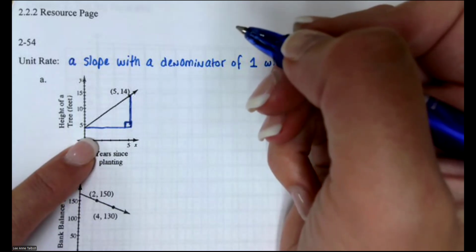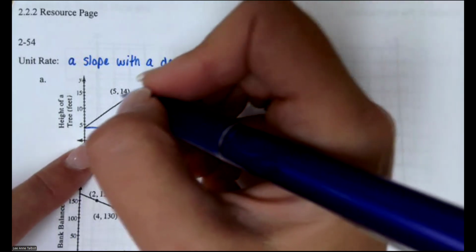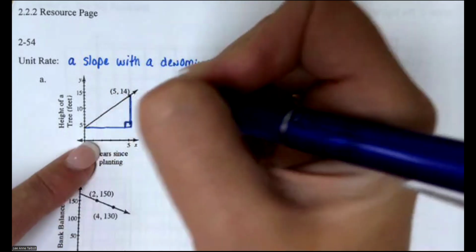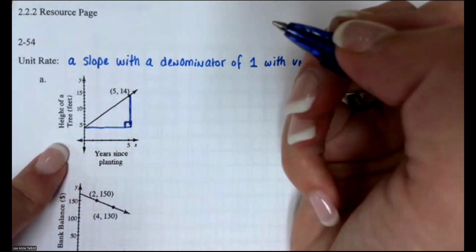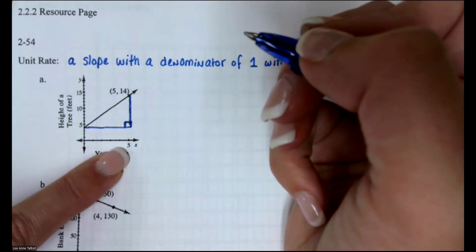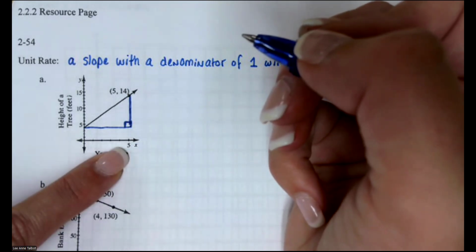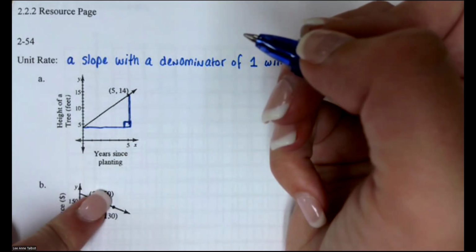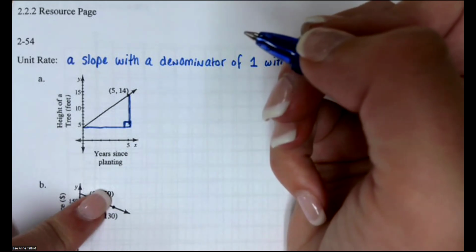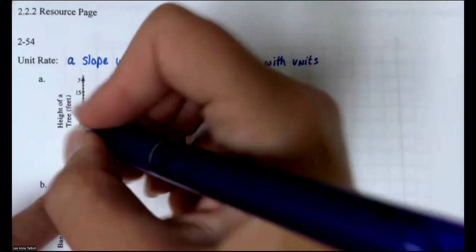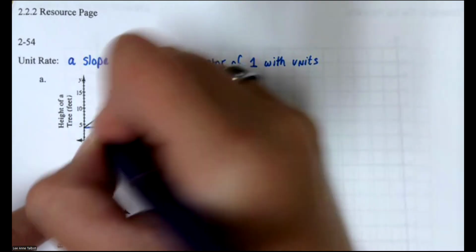How long is the base of this triangle? Nobody knows? Pretty sure you do. 5. Beautiful. Okay, so the base is 5.